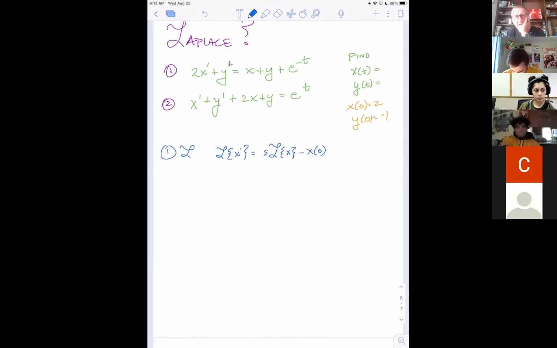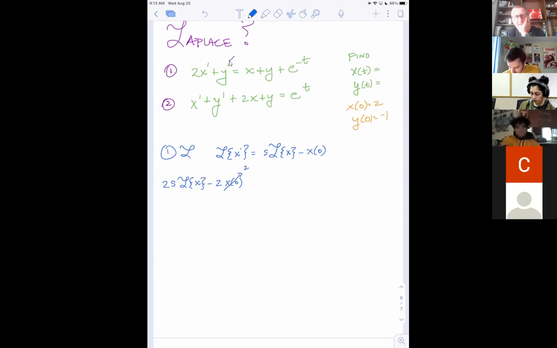So if I took the Laplace transform of number 1, both sides, then it'd be 2 times s times the Laplace transform of X minus 2 times X of 0. And notice I'm thinking, hey, X of 0, that was 2. I'm going to throw that in right now.